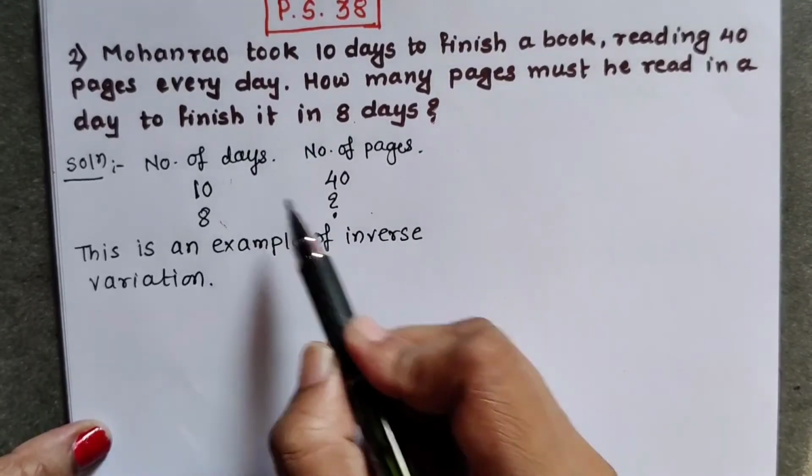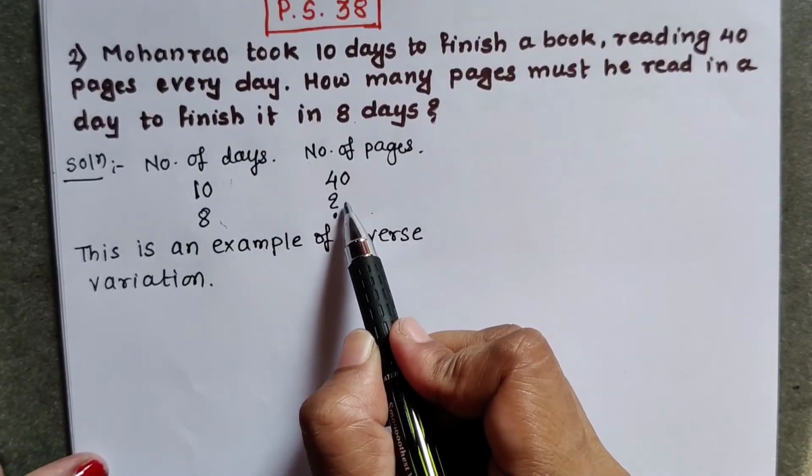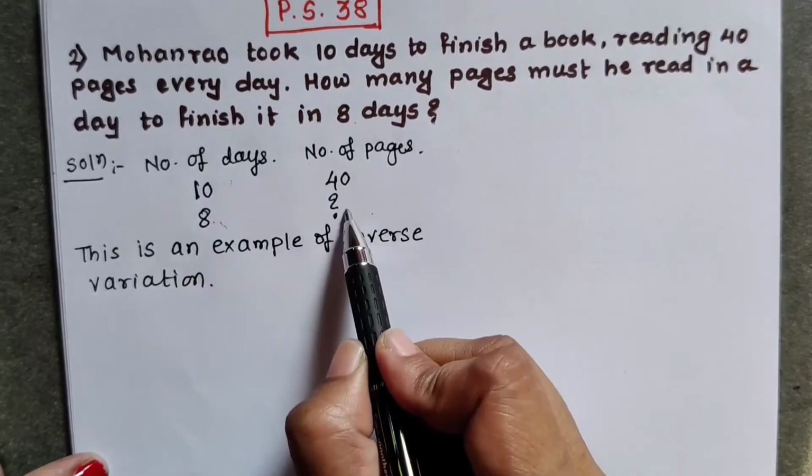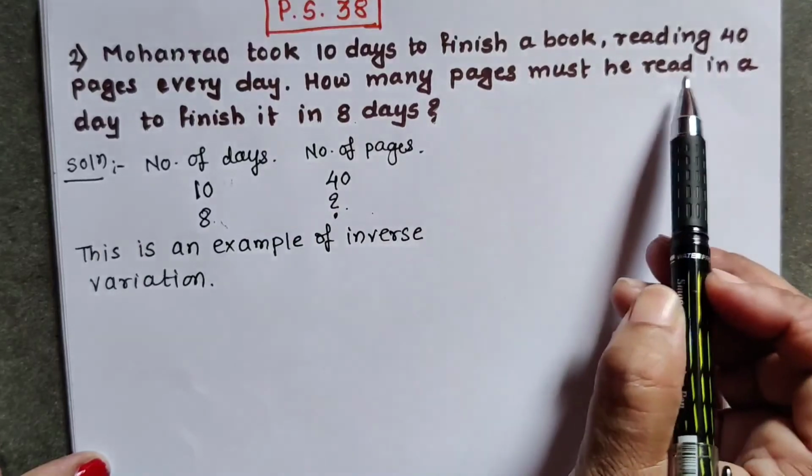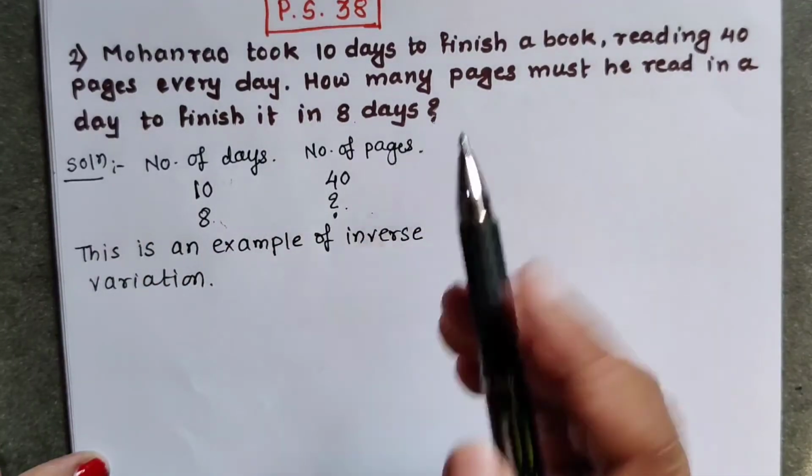Now we don't know how many pages he has to read to complete the book in 8 days. So we will take it as X. How many pages must he read in a day to finish in 8 days?